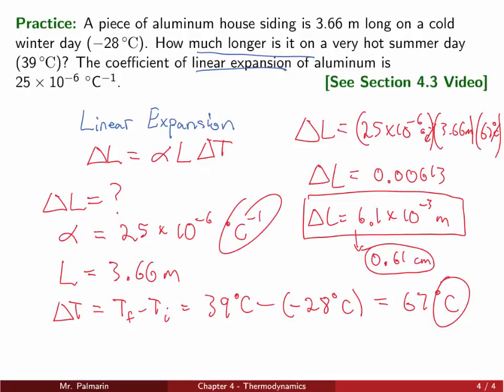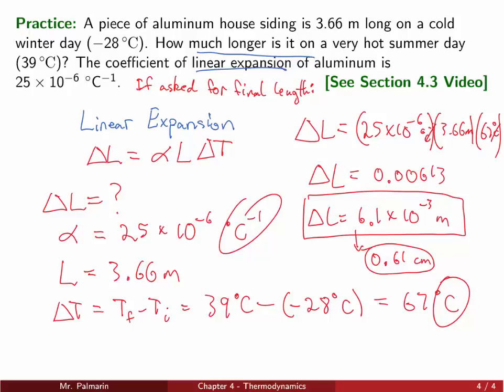And I think that's about it. Certainly another thing I could just say before this video ends is when it asks how much longer it is on a hot summer's day, if it asked for the final length, that is not the change in length.